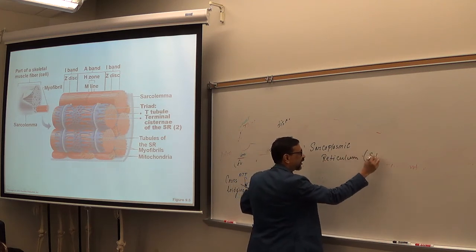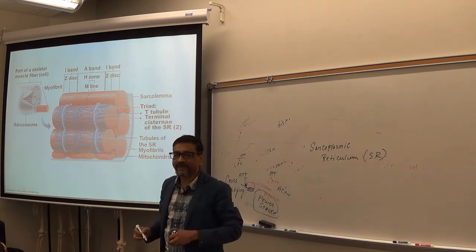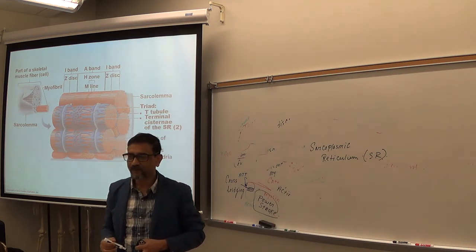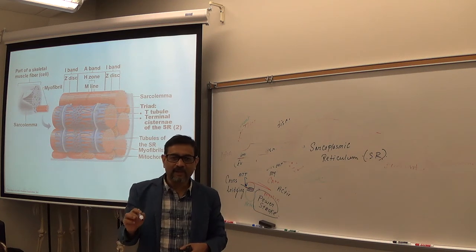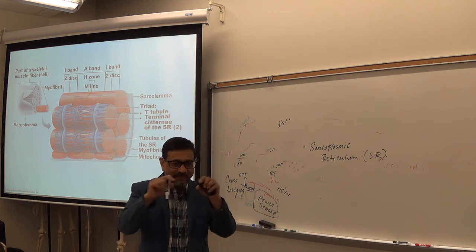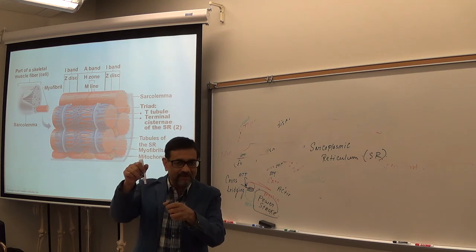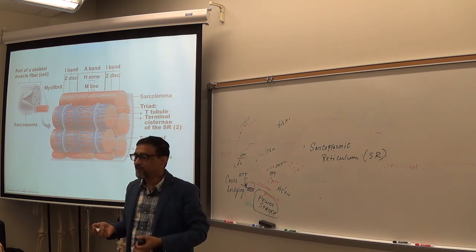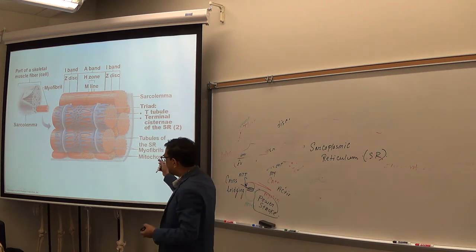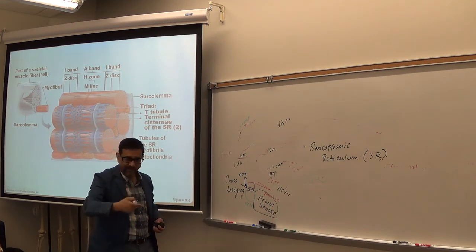How many of you remember endoplasmic reticulum? ER. Remember, right? Inside the cell, remember that? Around the nucleus you have tube-like structures connected to each other, right? Ribosomes are attached. So rough surface here, smooth surface here, right? So a similar structure you see, tube-like structures connected to each other around the muscle fiber, right?